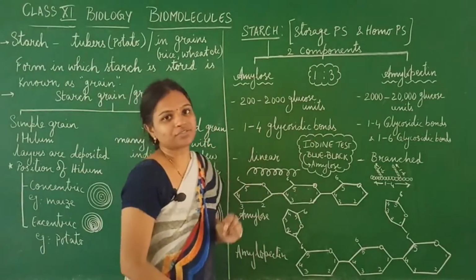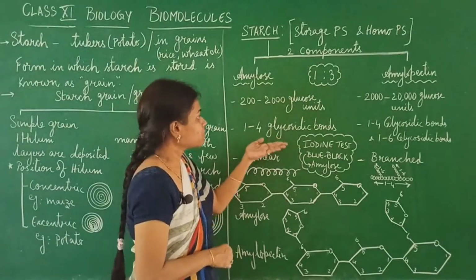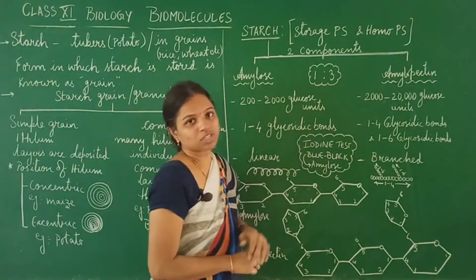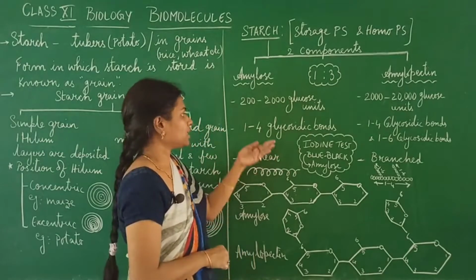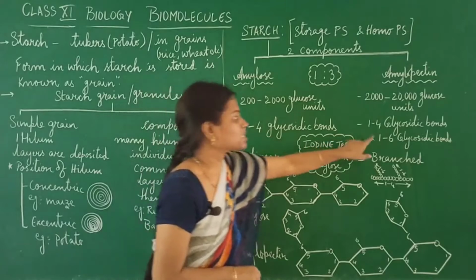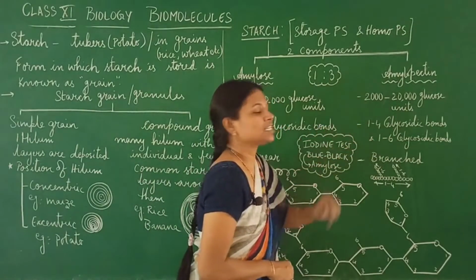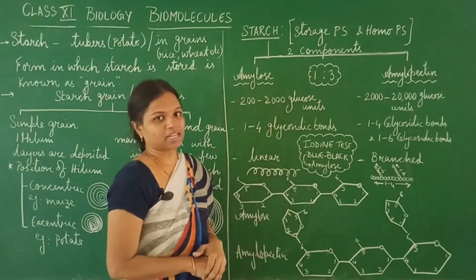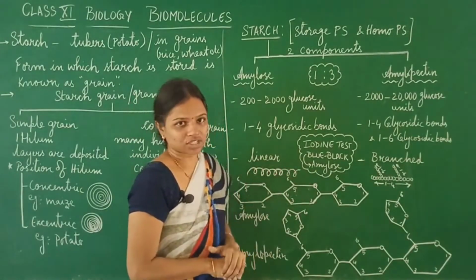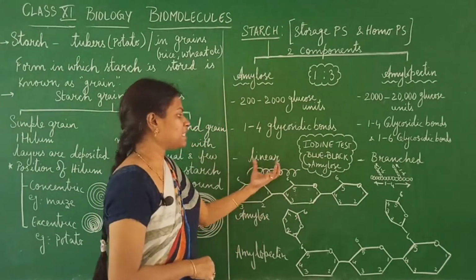So, the major difference between amylose and amylopectin is due to the number and the type of glycosidic bonds which are formed. That is, 1,4 glycosidic bond is seen in amylose, whereas 1,4 and 1,6 glycosidic bonds are seen in amylopectin. Due to this, there is a difference in their structure. Usually, the amylose molecule appears linear.